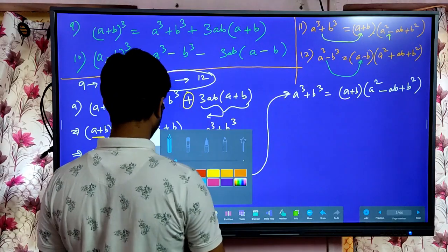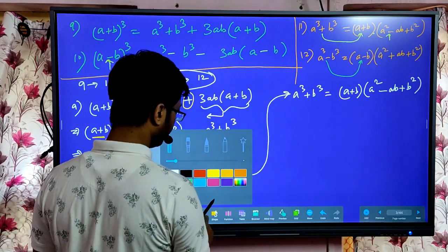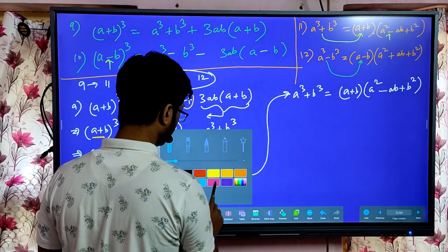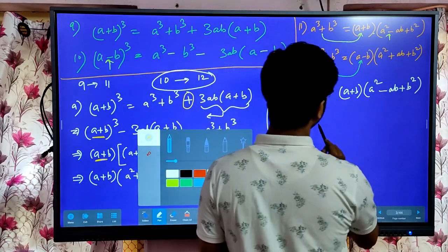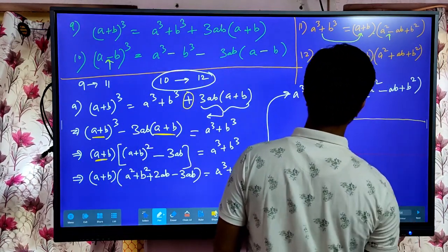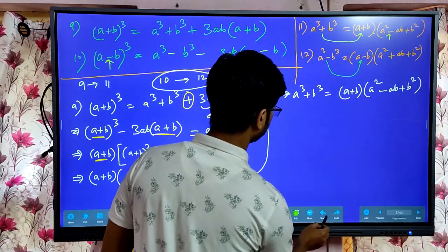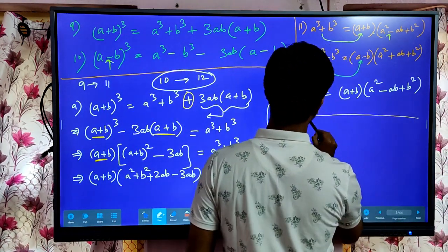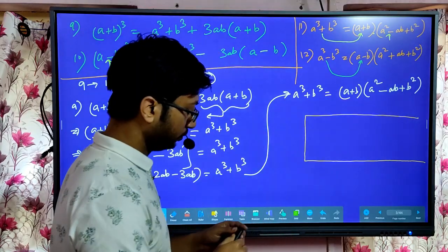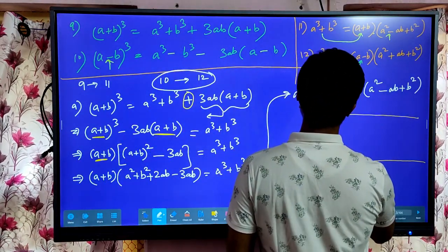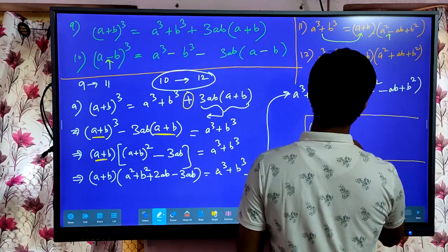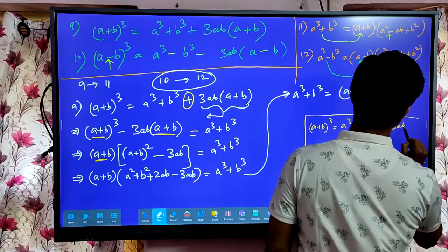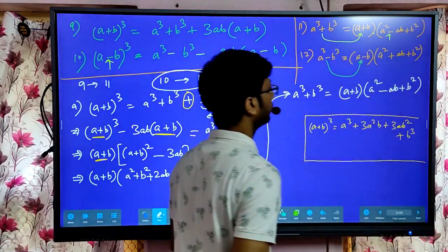Say for example, they will give you a plus b whole cube equal to a cube plus 3a square b plus 3ab square plus b cube, like this.